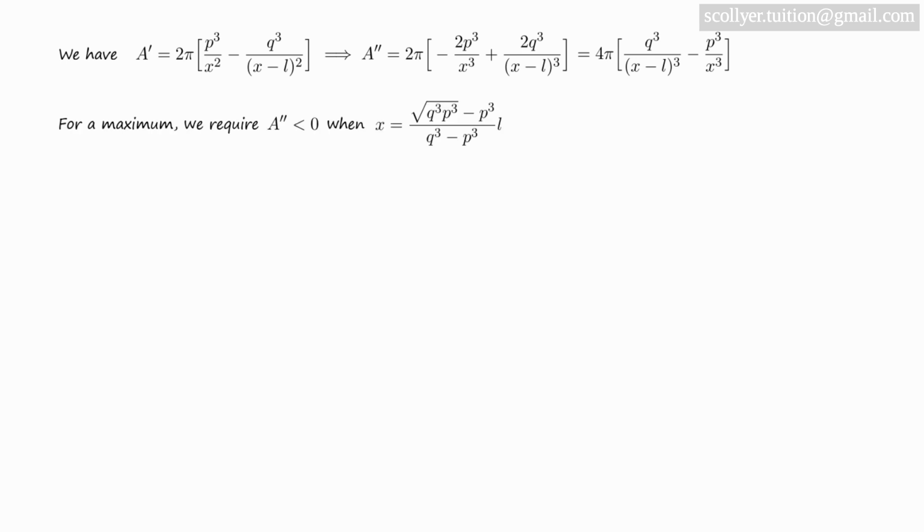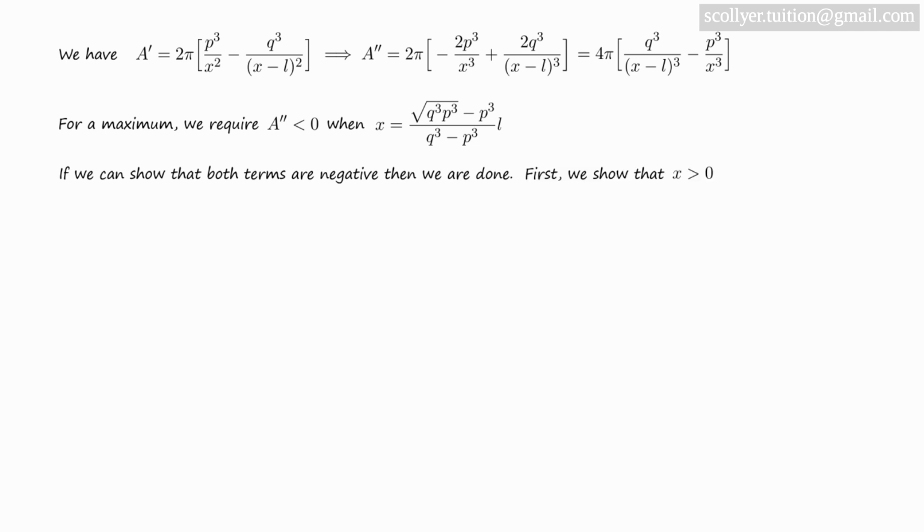Now for a maximum, we require A prime prime be negative when x takes the value as shown. And if we can show that both terms in the formula for the second derivative are negative, then we are done, and we will proceed to do so.